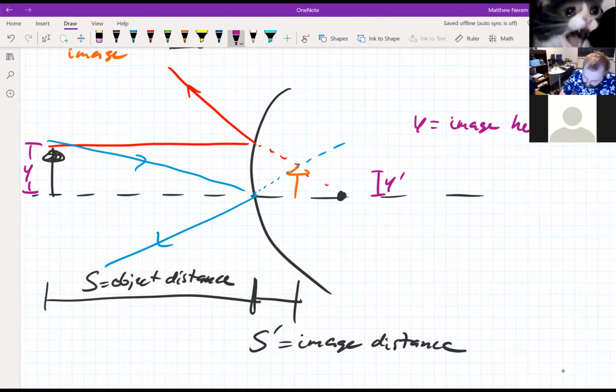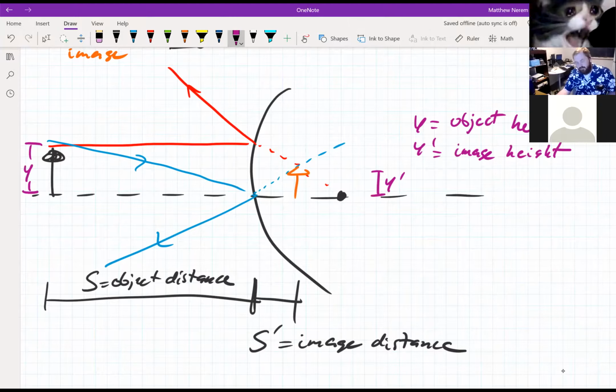Image height, or no, sorry, got that backwards. Y is the object height. Y prime is the image height. So I think it's safe for me to say that I don't ask you to calculate image heights at all in the final. I'll save you a little bit of time.